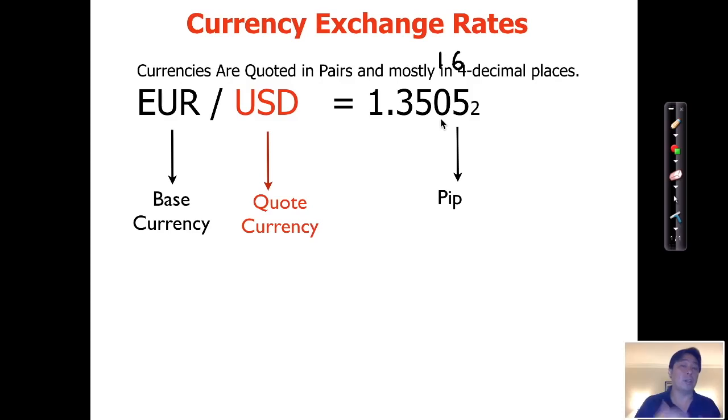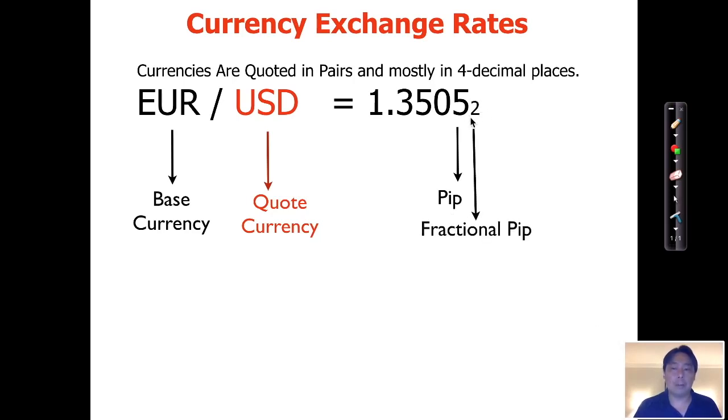The euro USD has gone up by 11 pips. Does this make sense? 11 pips. Because 11 plus 5 is 16. Okay? So pip is the last decimal place. So if you look at this entire thing, it's 3,505 pips since it moved up from 0, okay, which was a damn long time ago.